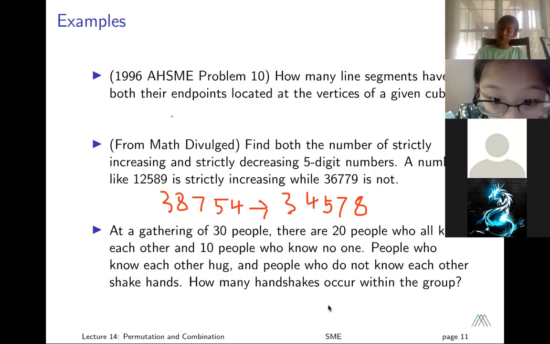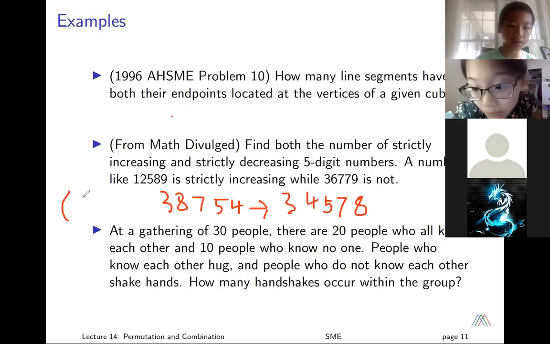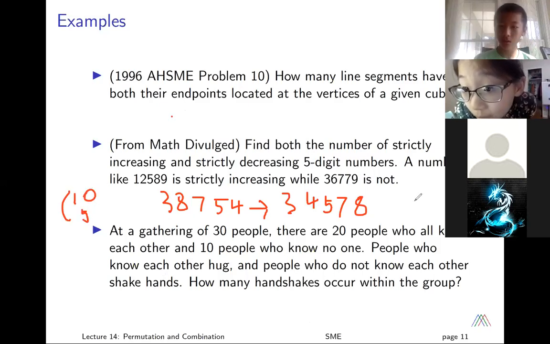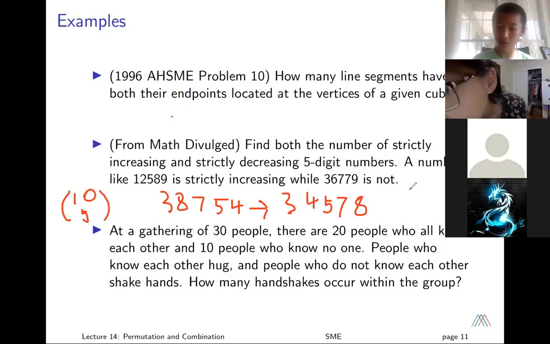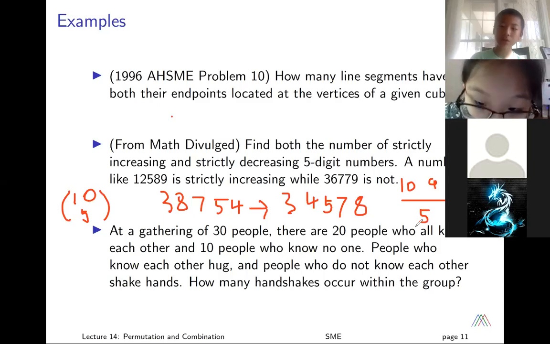So if we want to choose 5 distinct digits out of 10, we would just find 10 choose 5. And let me do that. A way you can calculate these chooses fairly quickly is by writing, let me write this down first. First you write down 5 factorial.